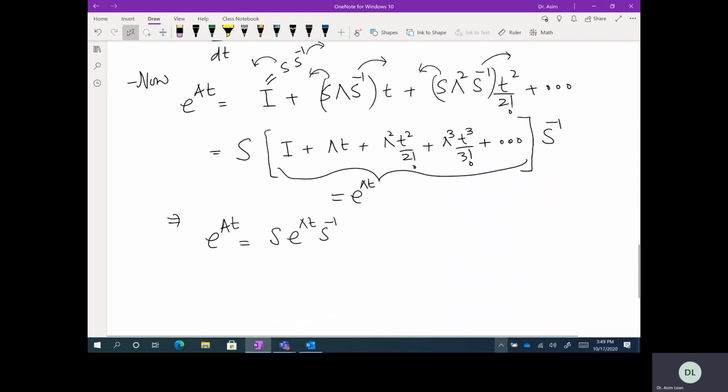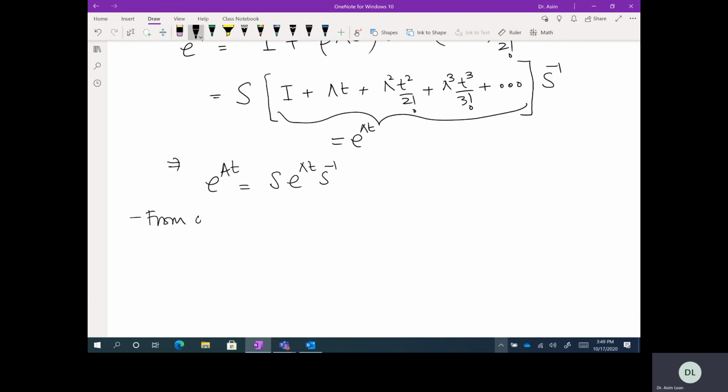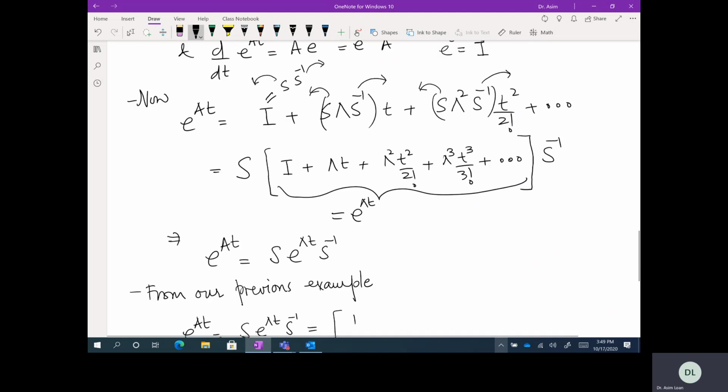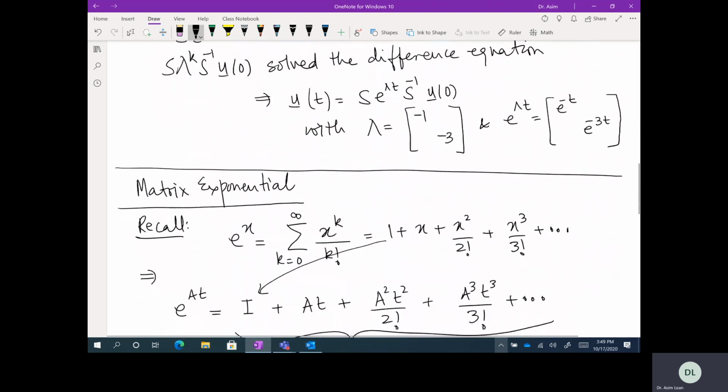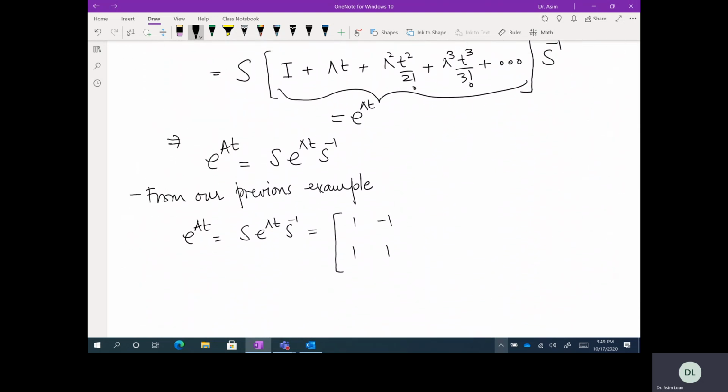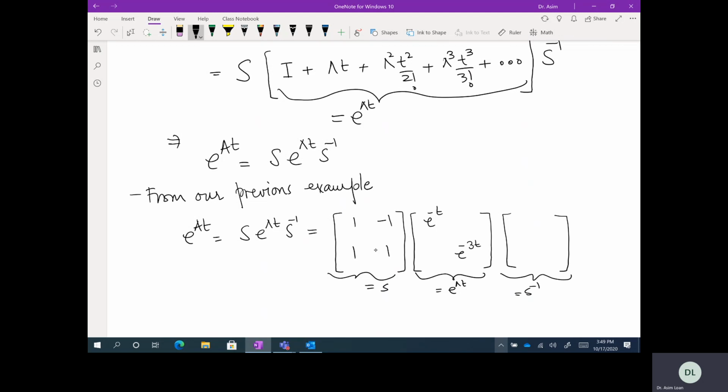From our previous example, e^(At) is equal to S e^(Λt) S inverse, which is equal to S, which was [1 1; -1 1], then e^(-t) and e^(-3t), and this was the inverse of S. So this is S, this is e^(Λt), and this is S inverse. The determinant of S is 1 plus 1, which is 2, so there is a half somewhere here.